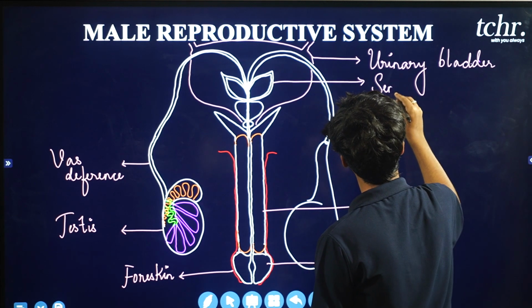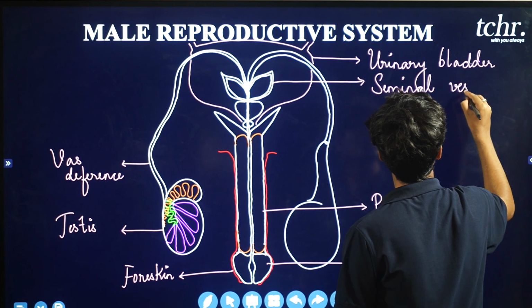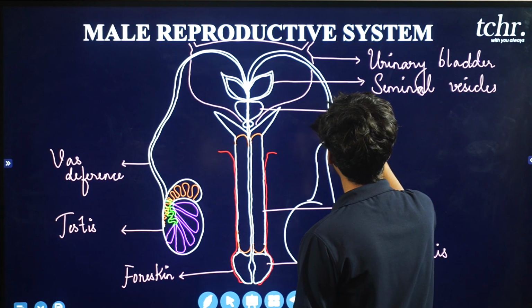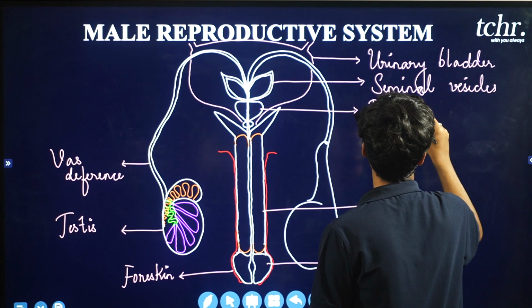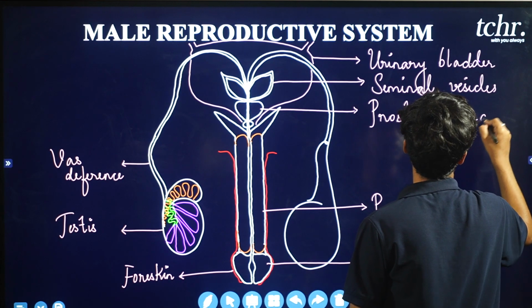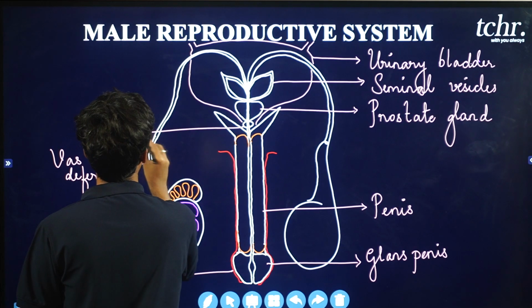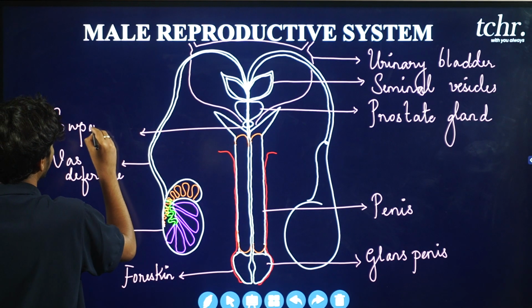Seminal vesicles. The prostate gland. And the corpus gland, which is also called the bulbourethral gland.